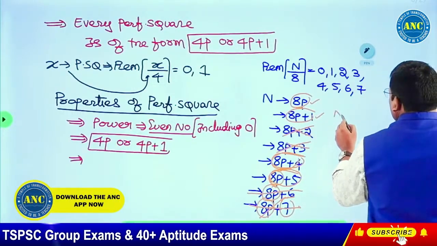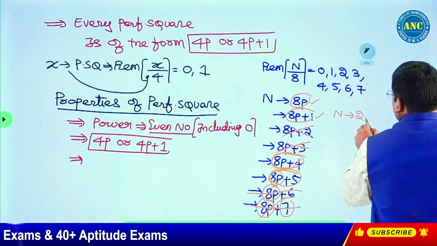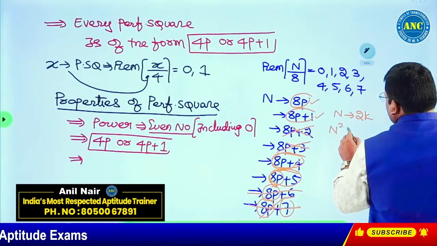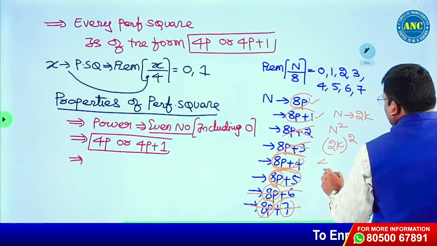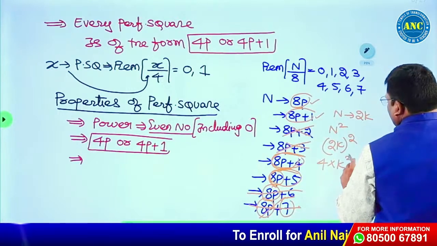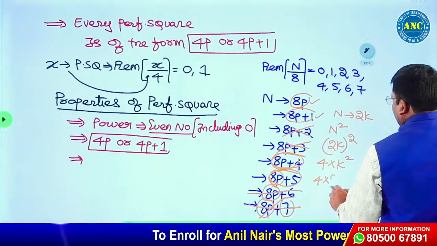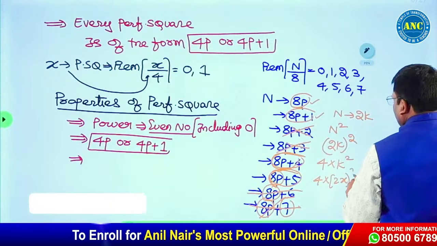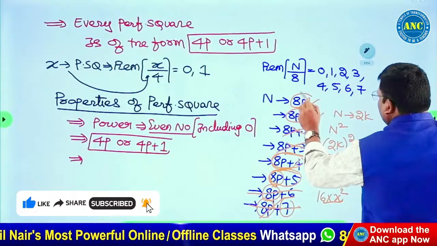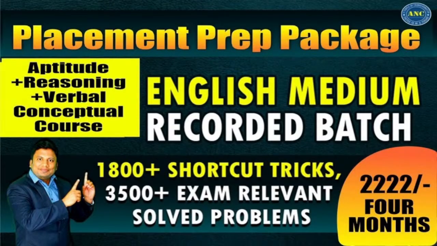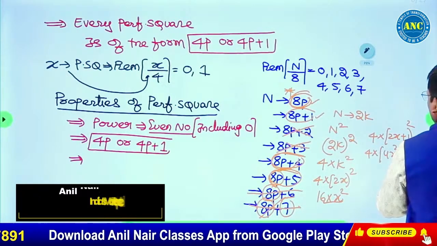Just now we have seen a number n which is 2k. N square means 2k whole square, that means 4k square. That k can be an even number or an odd number. If k is even, 4 fours are 16, 16 into something, so 8 into something; definitely I will get this case. If k is an odd number, it is 2x plus 1 whole square, which is 4x square plus 4x plus 1.